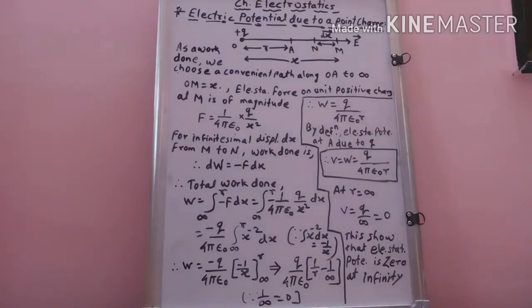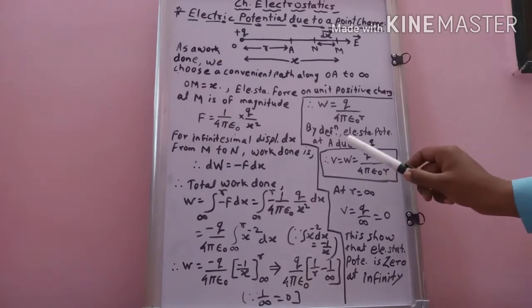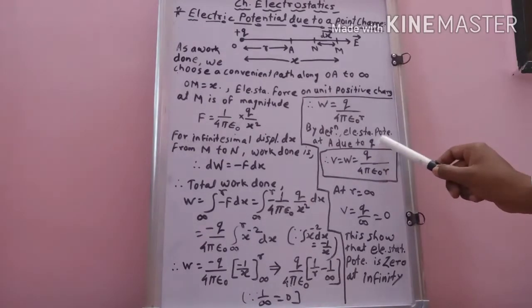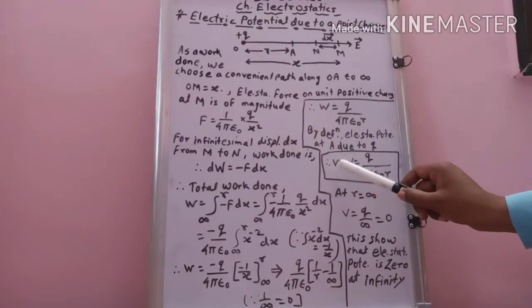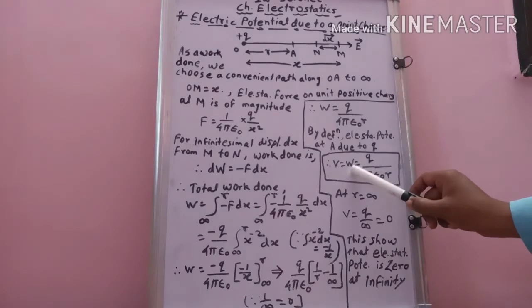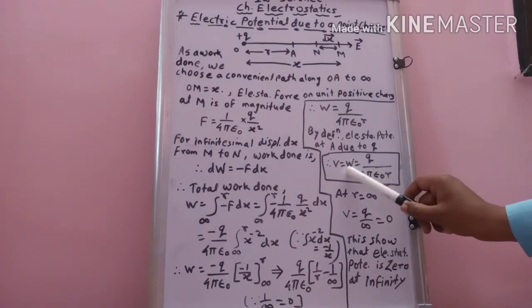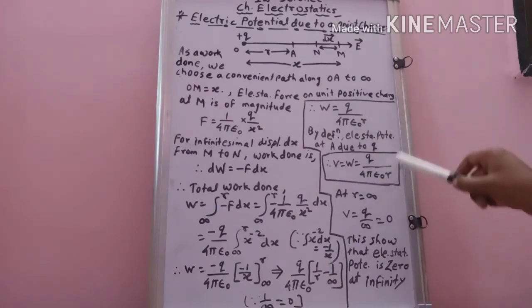By the definition of electrostatic potential at a point A due to a charge Q, the electrostatic potential V is equal to the work done, and is given by V equal to Q upon 4 pi epsilon naught r.